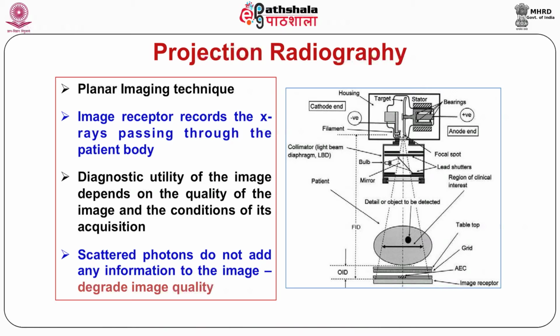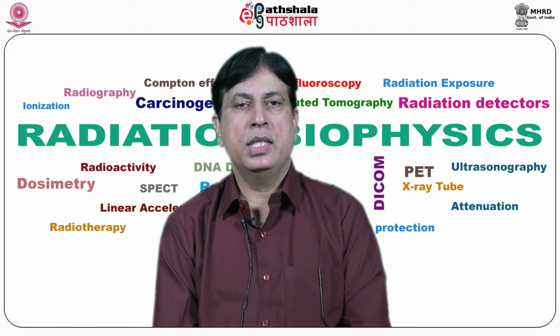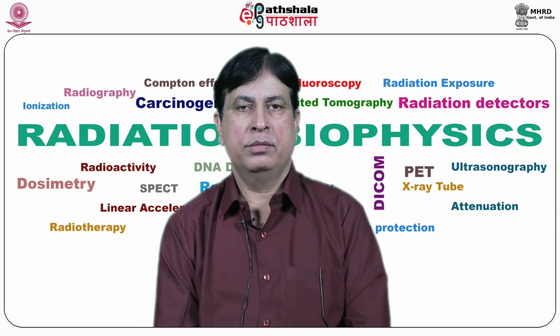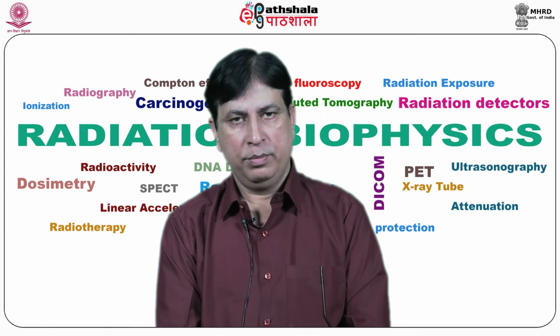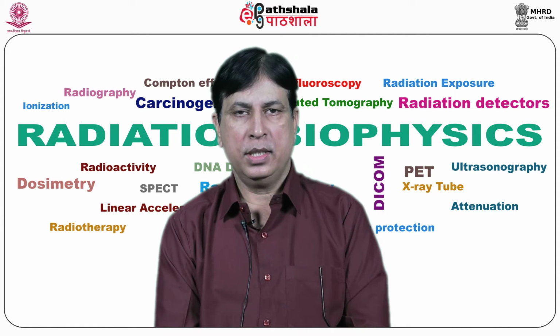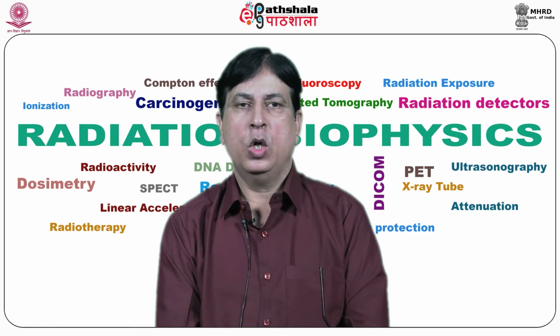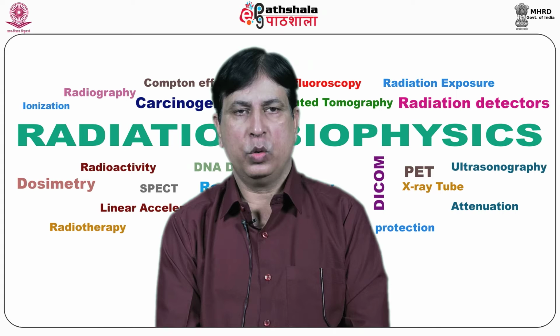The meaning of contrast is difference in the gray scale of the image. This technique has been illustrated in the figure shown in this presentation. FID means focus to imager distance, OID means object to imager distance, and AEC means automatic exposure control.